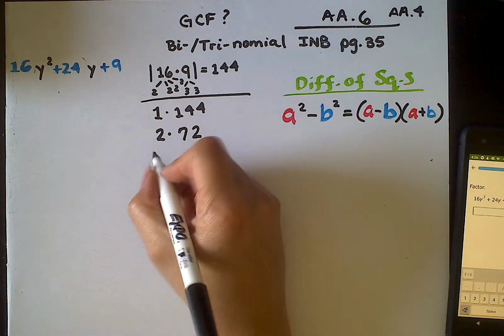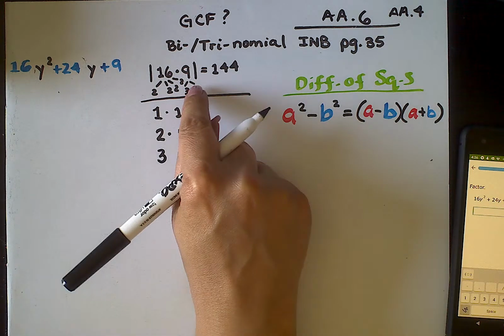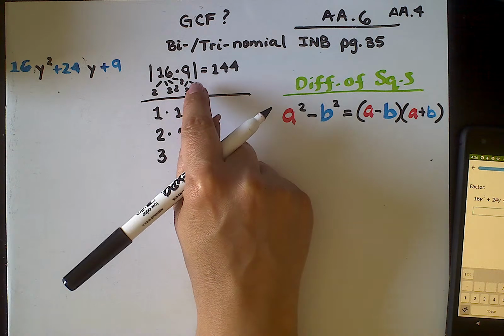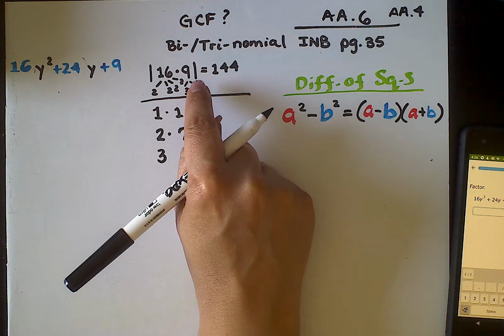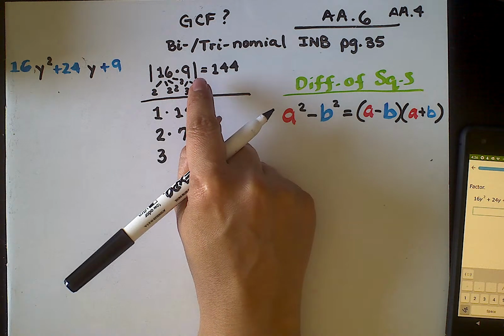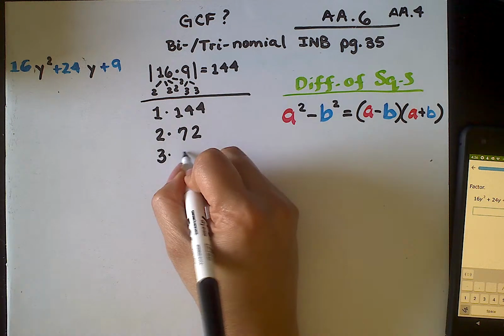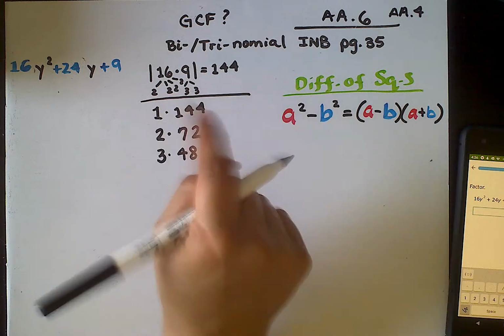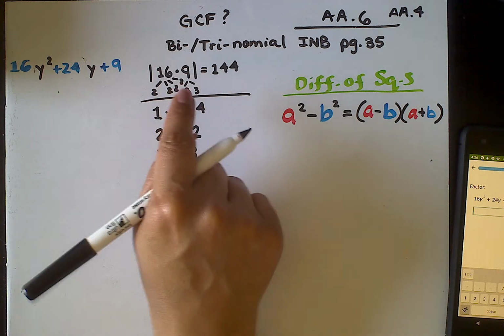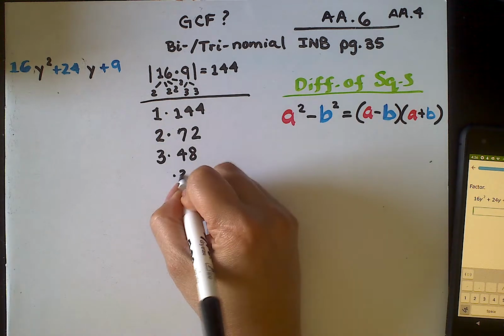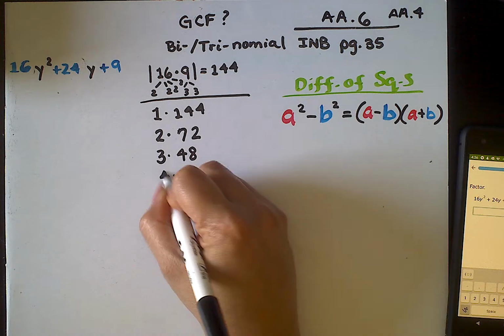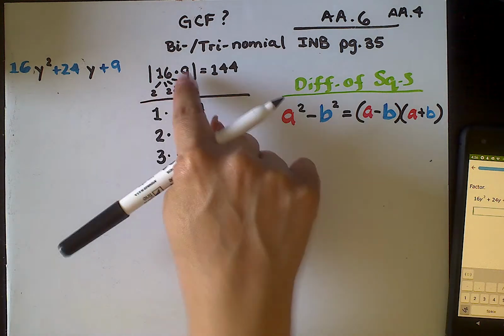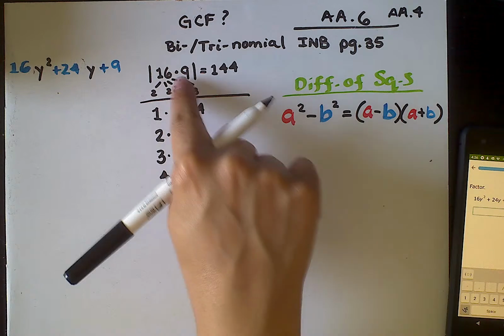We do have 3 here. So then 16 times 3 would be 48. Now here I have 2 times 2. So that's 9 times 4, 36. I can't make any 5s here, but I could make a 6.